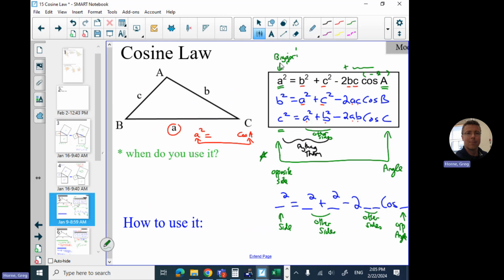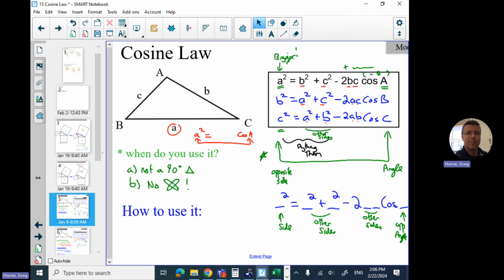So what I would say for using it easiest is, when you use it, well, it's not a 90-degree triangle, right? Not a 90-degree triangle. And B, there's no crisscross of information. That's the easiest way to do this, right? If there's crisscross of information, you can use sine law. If there isn't, then you're just going to use cosine law, right?